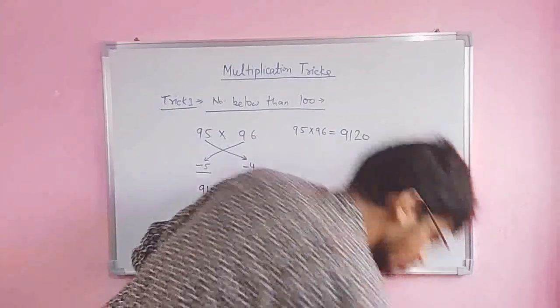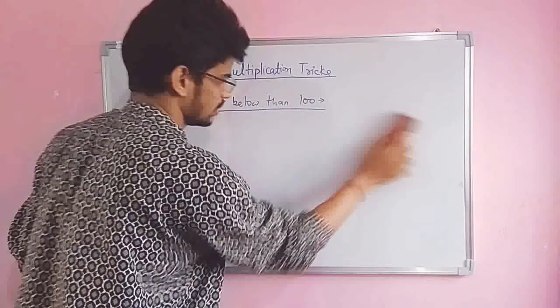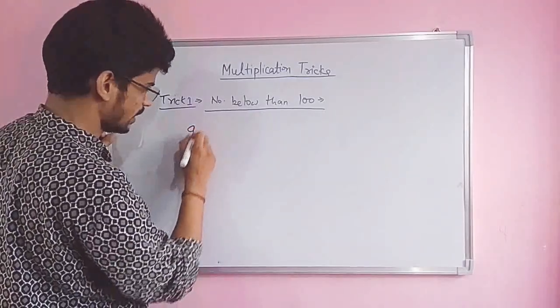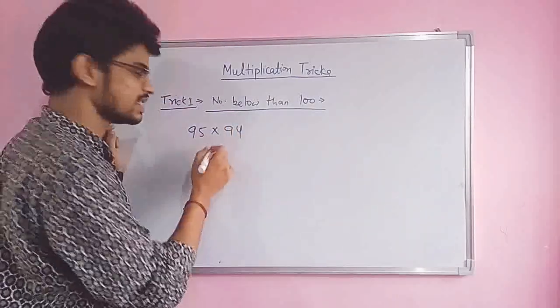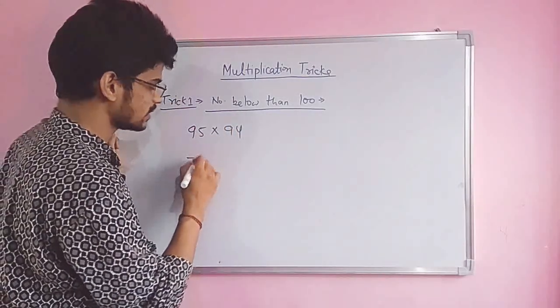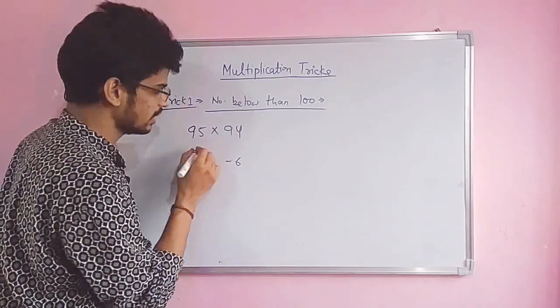Now move to the next. If the numbers are 95 multiplied by 94, how much is each lesser than 100? It's lesser than 100 by 5 and lesser than 100 by 6.